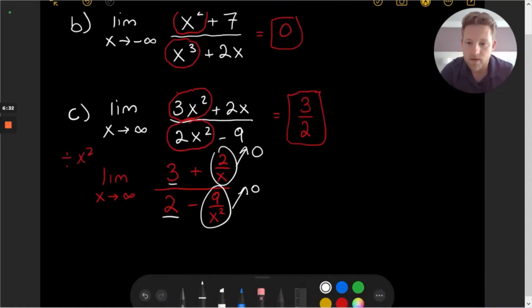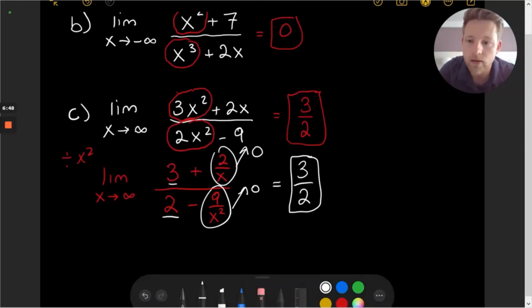So this gives us the result that this limit value will be 3 plus 0 divided by 2 minus 0. This also gives the result of 3 over 2, which we got in our first analysis. So either way you go about it, this will give you a limit value of 3 to 2, or 3 halves.